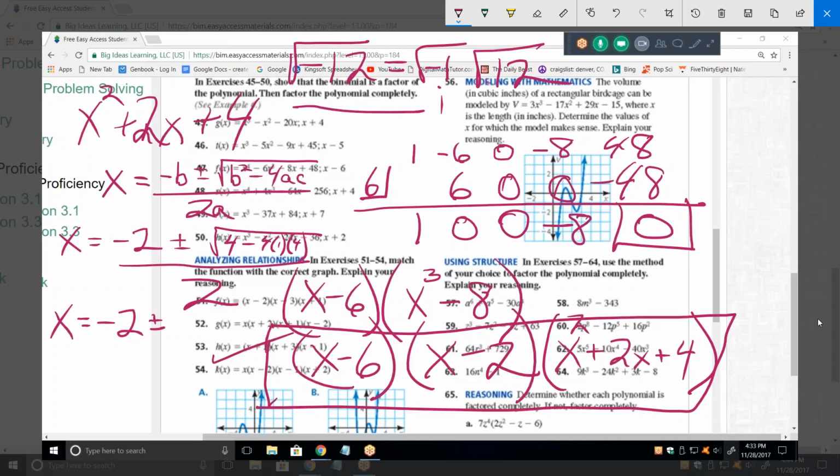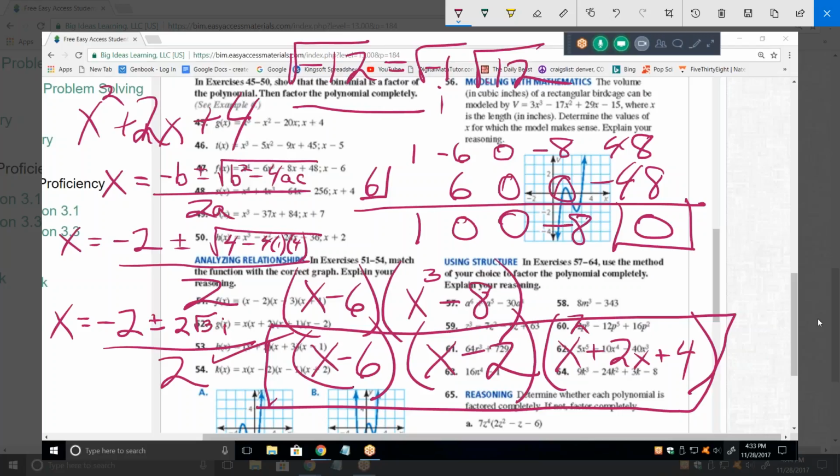Now simplify the square root of positive 12. That's 4 times the square root of 3, so that's 2 root 3. So this becomes 2 root 3 i. We're still dividing it all by 2.